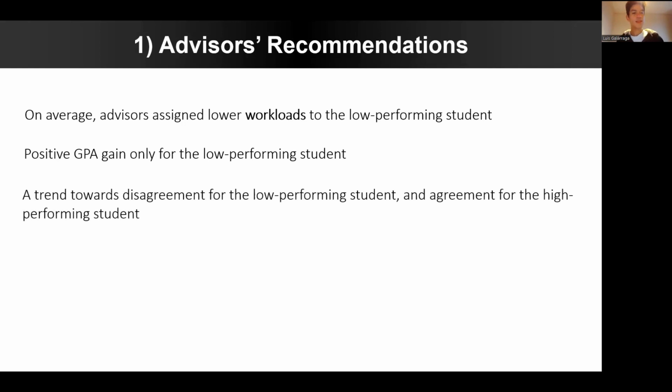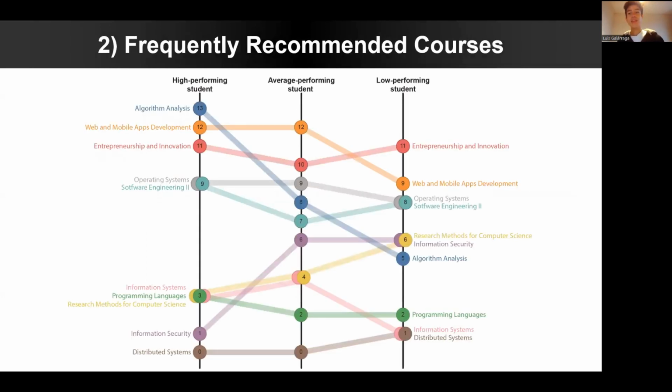We also observed that advisors disagreed more on the set of courses recommended to the low-performing students, while for the high-performing students, there was a significantly higher agreement. When we look at the courses that were recommended to the different students, we realized there are courses that are very popular for the high-performing students.